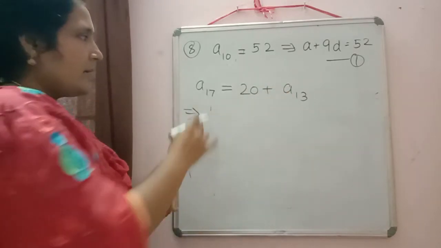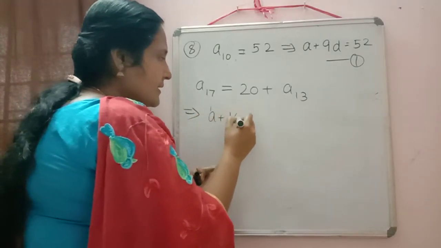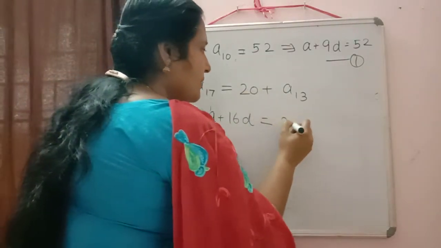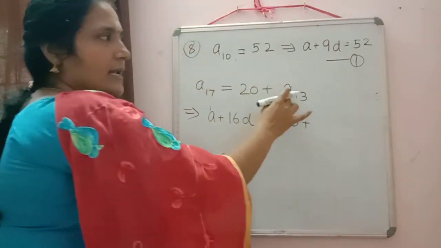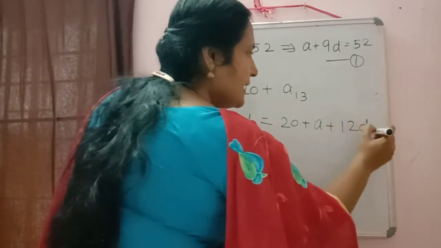Now write down A17: a plus 16d is equal to 20 plus A13, that is a plus 12d.